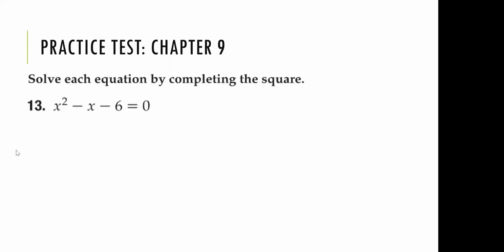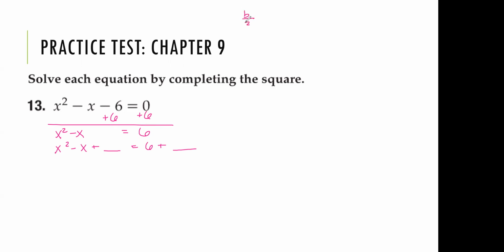And so first thing I'm going to do is I'm going to add 6 to both sides. I want to get x squared minus x on its own, so I've got 6 over here. Then I'm going to be adding a value to both sides of my equation. So half of b is -1.